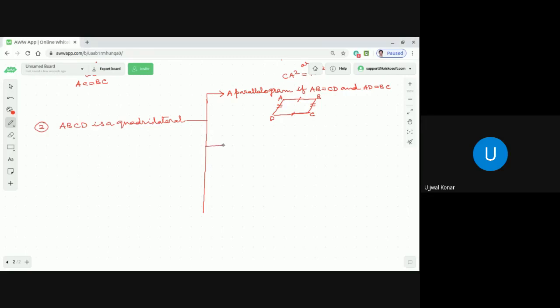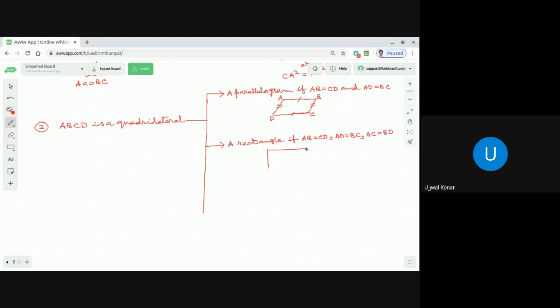So we can consider this a rectangle if AB is equal to CD, AD is equal to BC, and AC is equal to BD. The diagonals also have to be equal. So that means this looks like a rectangle.